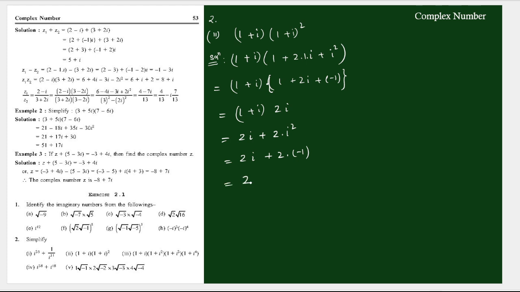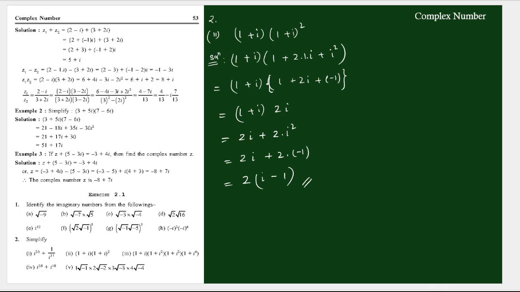We can take 2 common, so this is your answer.